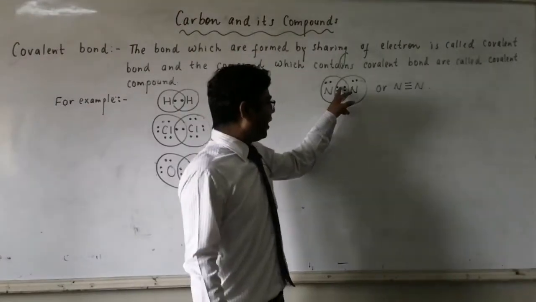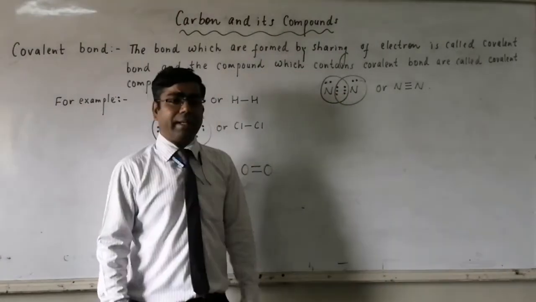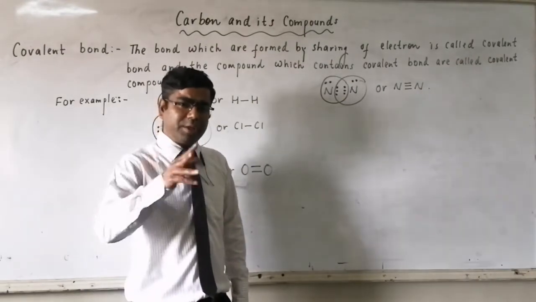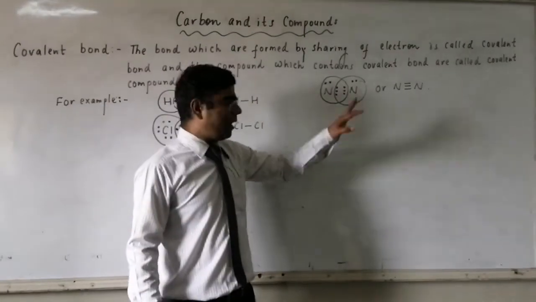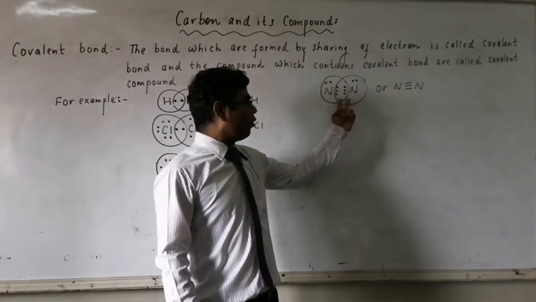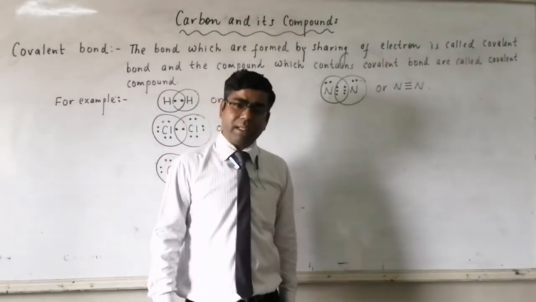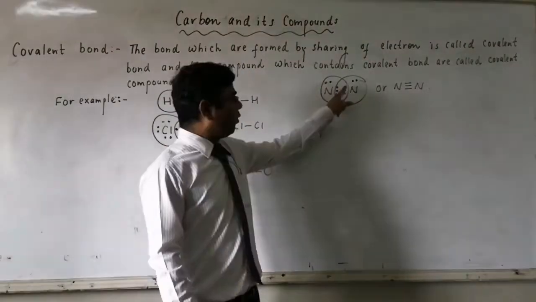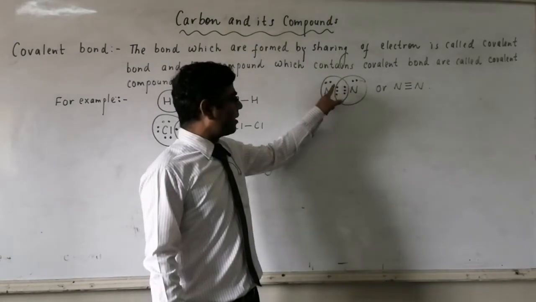So here are 3 electrons from the first nitrogen atom which are involved in bond formation, or sharing, and 3 electrons from the other nitrogen atom which are involved in sharing. Now these electrons are common to both nitrogen atoms. Now count the number of electrons for both nitrogen atoms. 1, 2, 3, 4, 5, 6, 7, 8.